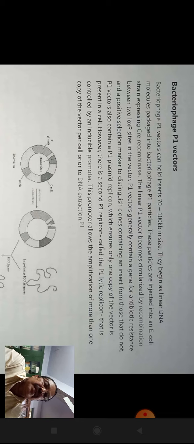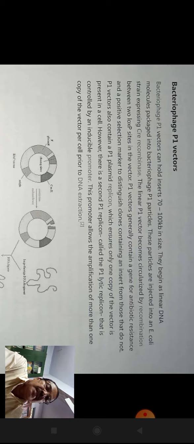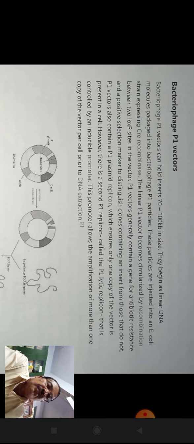Next one is bacteriophage P1 vectors. Bacteriophage P1 vectors can hold inserts 70 to 100 kilobase pairs in size. They begin as linear DNA molecules packaged into bacteriophage P1 particles. These particles are injected into an E. coli strain expressing Cre recombinase.